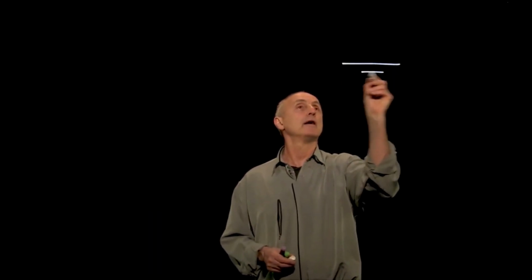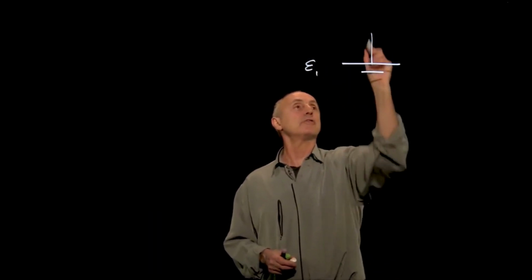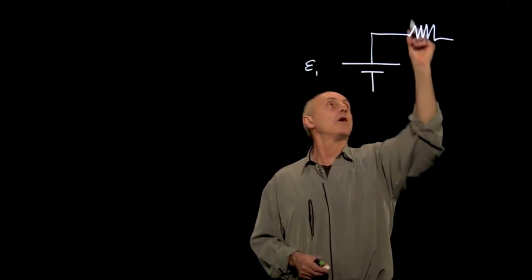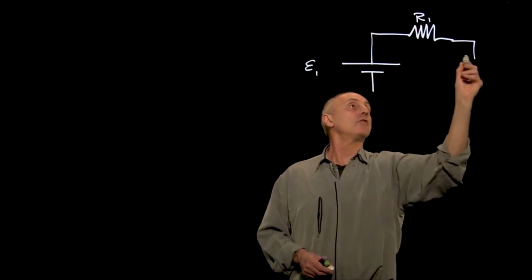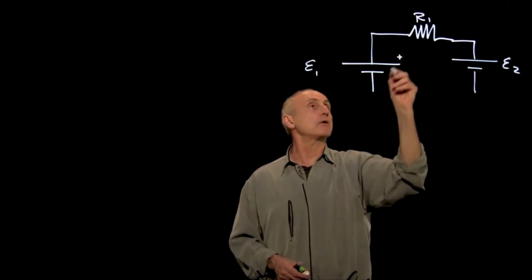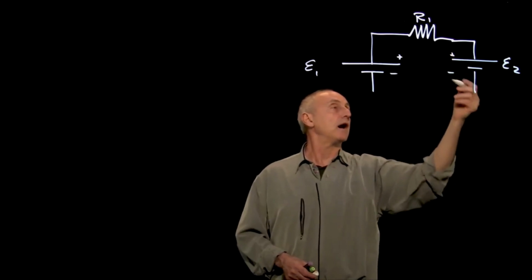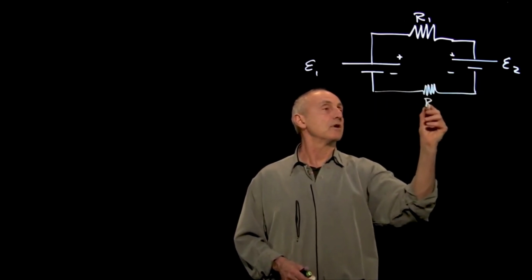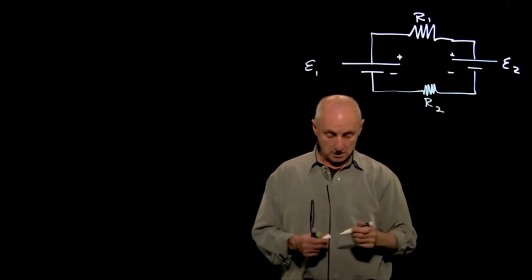Let's now analyze the following circuit as an example. Let's suppose that we have a battery with an EMF, E1, a resistance, R1, another battery with an EMF of E2. Notice these batteries are pointed in opposite ways. And finally, a resistance, R2.